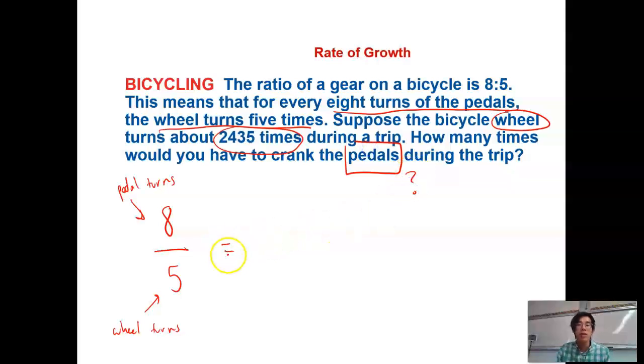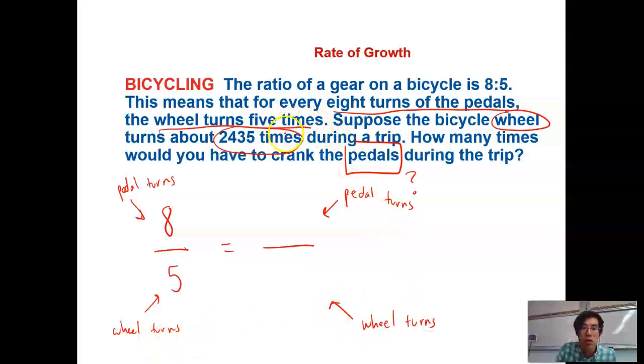So if I write this, I need to make sure my units match up for my denominator and numerator. So if I have pedal turns on the numerator, I need to have the same pedal turns on the other ratio. Okay, and if I have wheel turns on the denominator, I need to make sure my equivalent ratio also has wheel turns on the bottom.